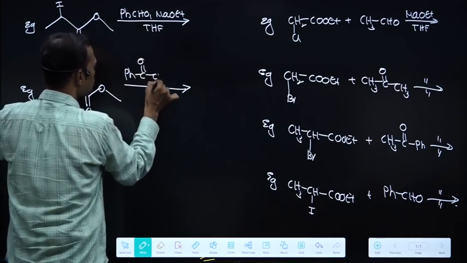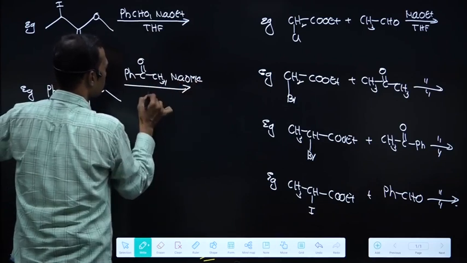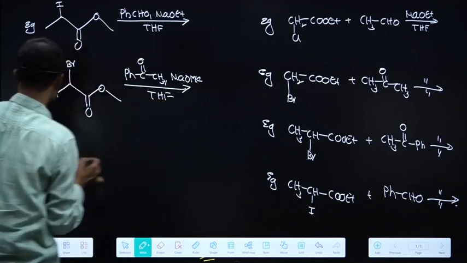Ph C double bond O CH3, NaOMe in the presence of THF.